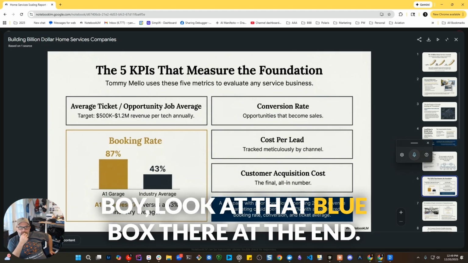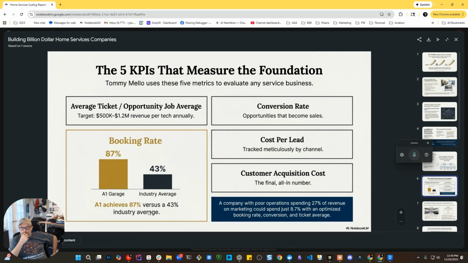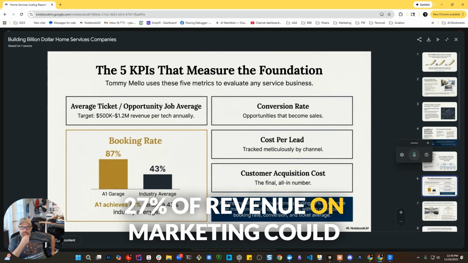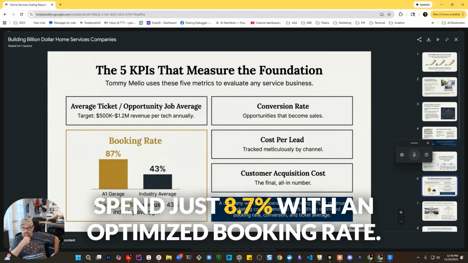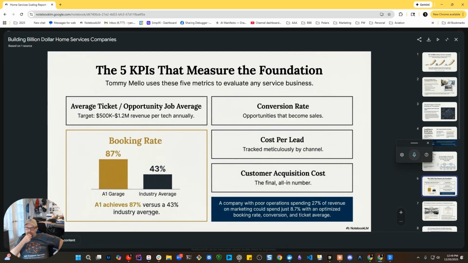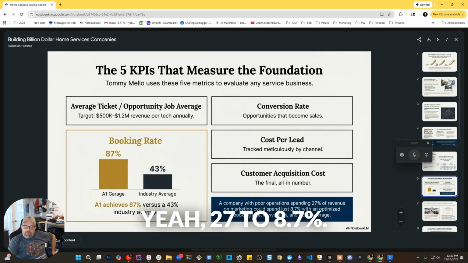Boy, look at that blue box there at the end. A company with poor operations spending 27% of revenue on marketing could spend just 8.7% with an optimized booking rate, conversion, and ticket average. Man. Yeah, 27 to 8.7%.